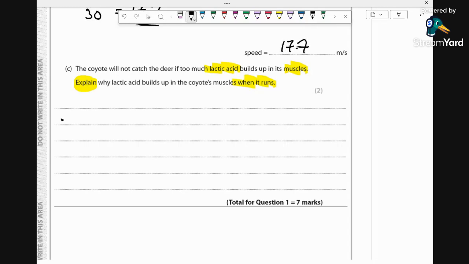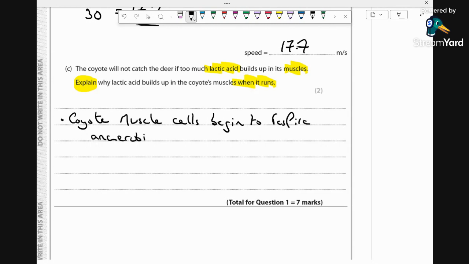So I would say the coyote begins to respire, or the muscle cells to respire anaerobically, producing lactic acid.